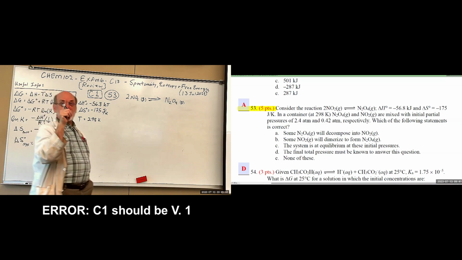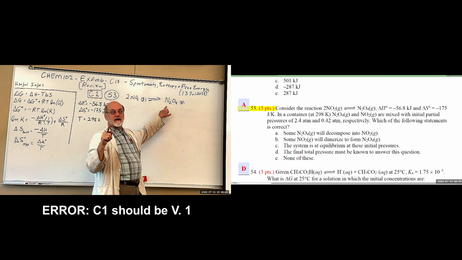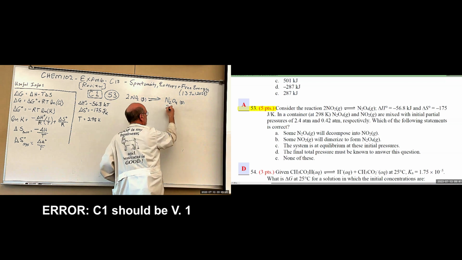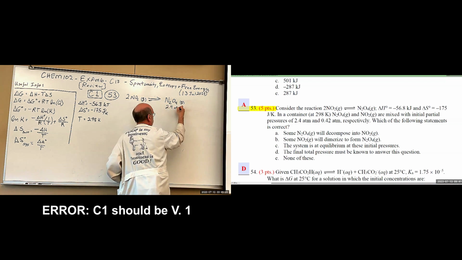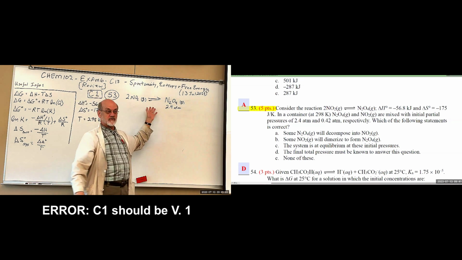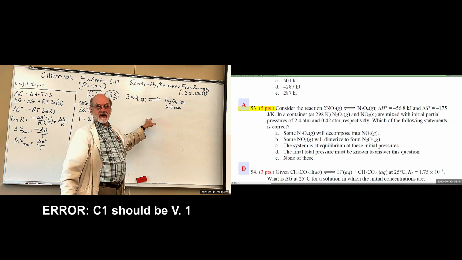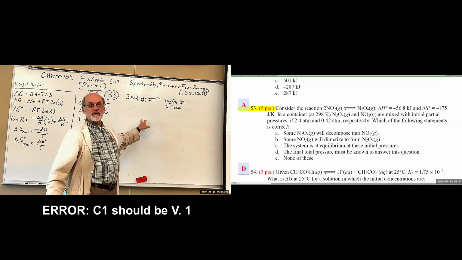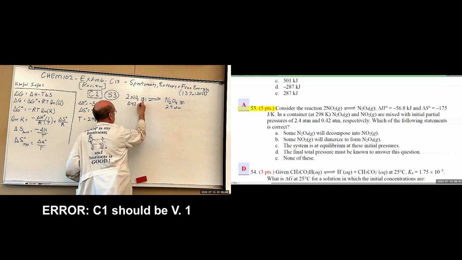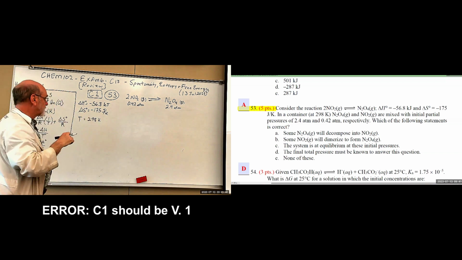See how that's read, in a container N2O4 is the first one, so it's 2.4 atmospheres. They're listed backwards from the way the equation is written. So that's a point of possible mistake. And a partial pressure of 0.42 for the NO2. These are initial pressures.